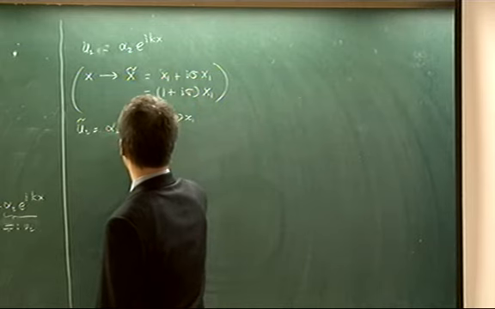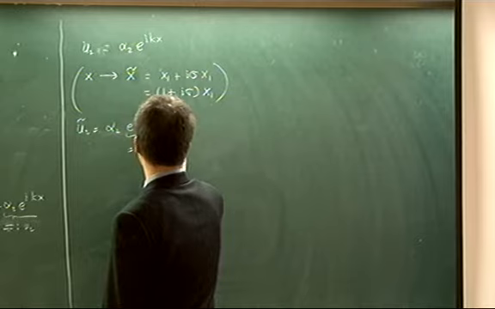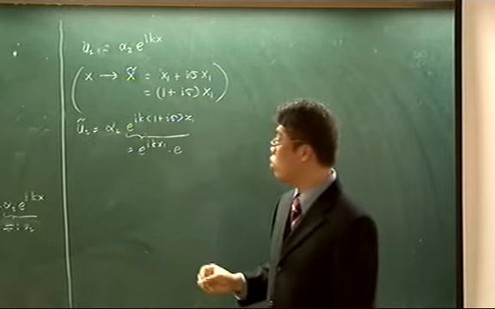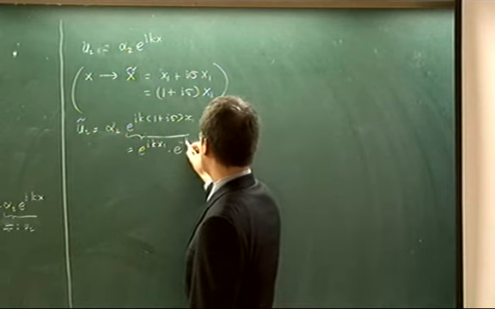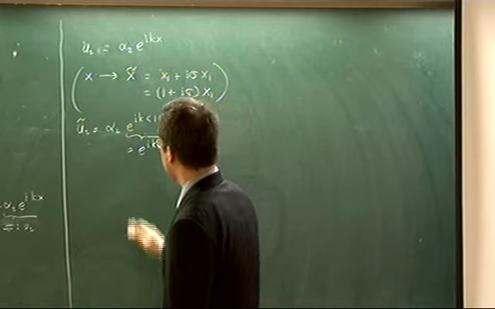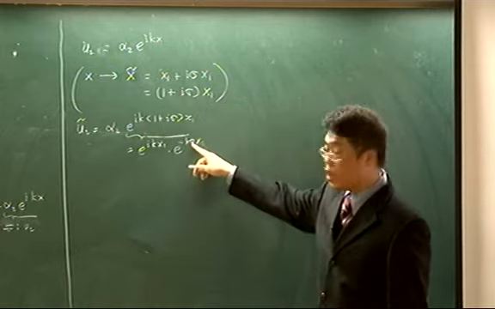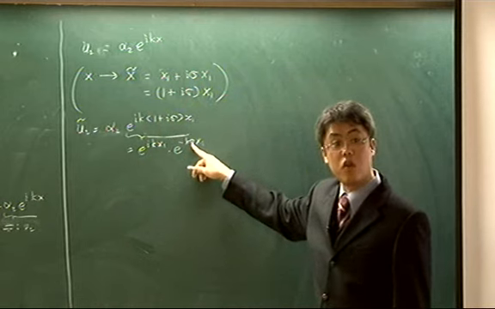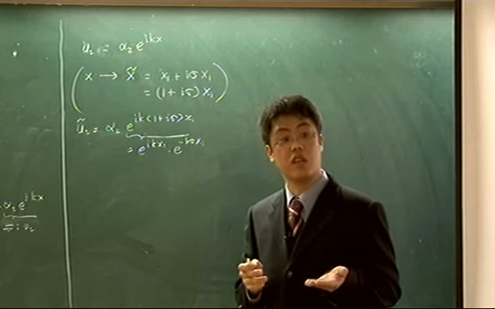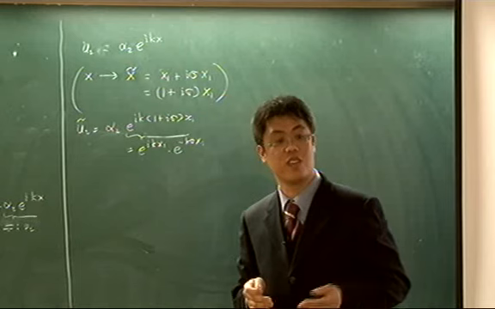If you calculate this, you obtain ik x1 times... i times i is minus 1, so you have minus k sigma x1. If you put this on the boundary, with positive sigma the wave amplitude becomes smaller and smaller. That is the idea of the PML.